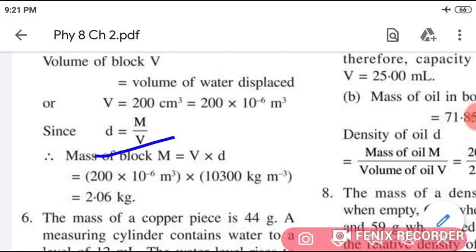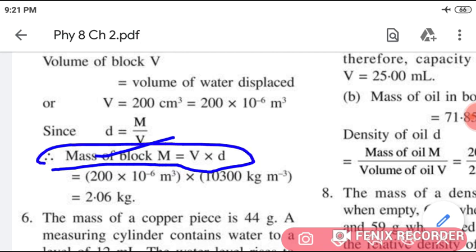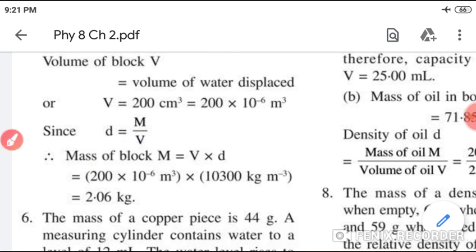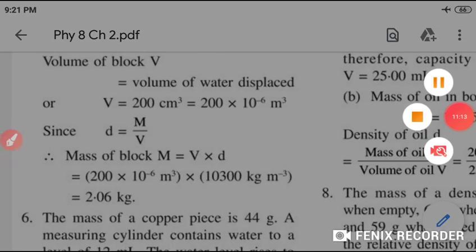Sorry, the mass you have to find out. So what will the formula be? Mass equals volume into density. So 200 into 10 raised to power minus 6 meter cube multiplied by 10,300 kilogram per cubic meter. When you solve this, students, you will get the answer 2.06 kg. So for today, up till here, we will continue in the next video.